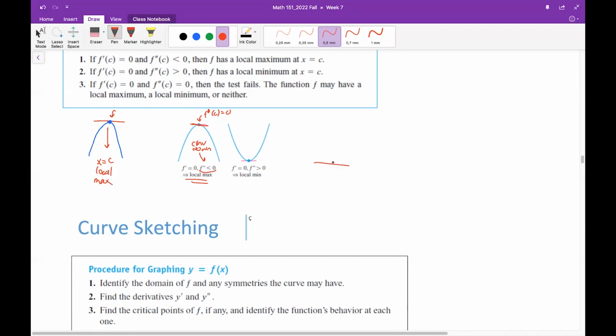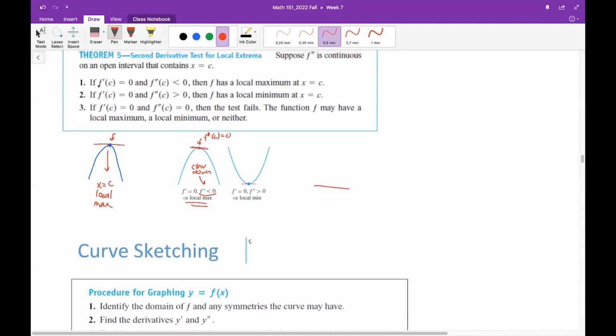And the other way around may also happen. If you have the first derivative 0, where you have a horizontal tangent, and the second derivative is positive, what does this mean? You have a concave up shape. Then this point is obviously a local minimum point, just as stated here.